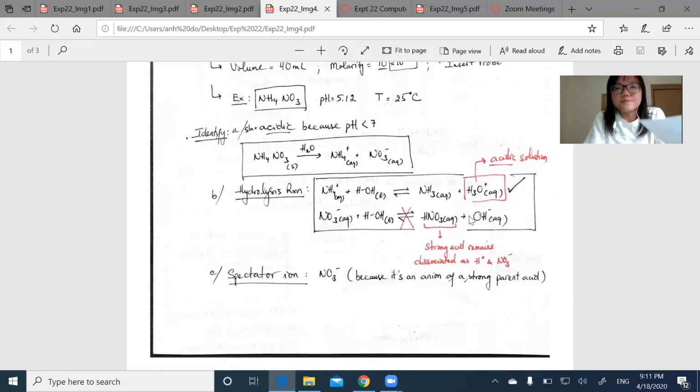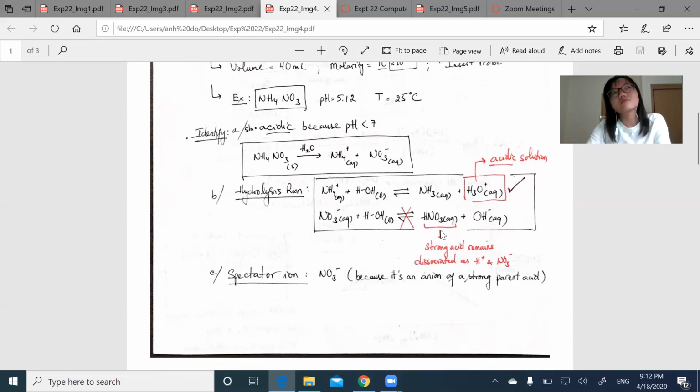Right. So the thing is that when you have a strong acid or a strong base in the products of your hydrolysis reaction, it would just be an immediate no. You can just look at that strong acid or strong base and know that this hydrolysis reaction is not right.